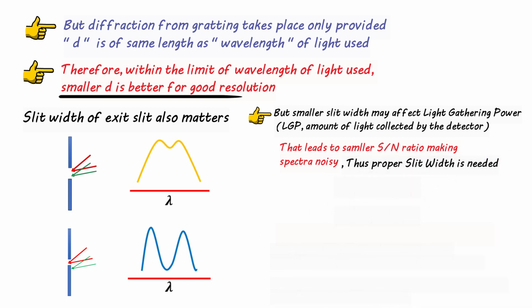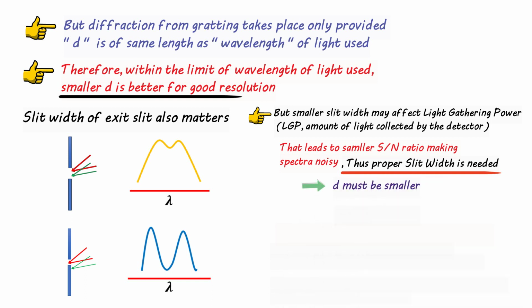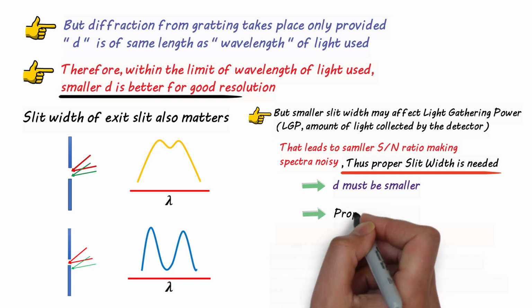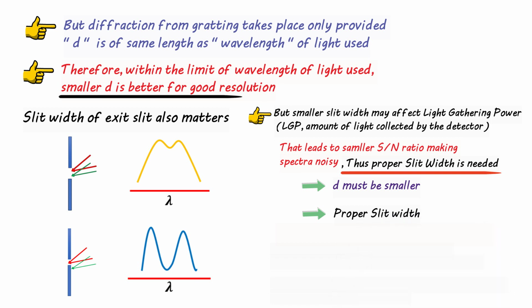So we can say that to have better resolution of peaks or signals in absorption spectroscopy, one point to note is that d must be smaller, but not so small that we don't get the diffraction pattern at all. Number two, slit width must be smaller, but not so small that not much light is collected, that is it affects the light gathering power.